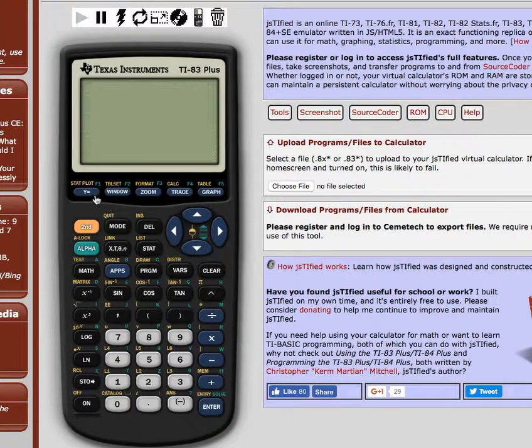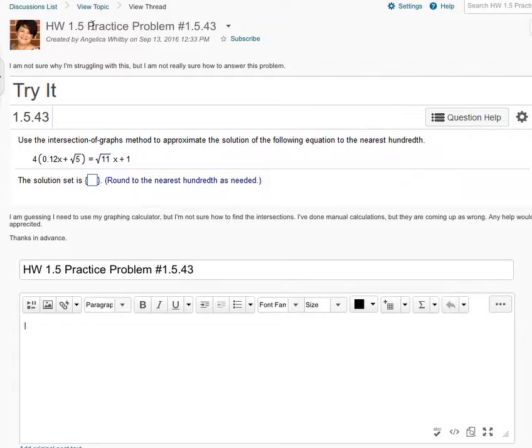So we have a TI-83. This is similar to what you would be using. Let me turn this thing on. Okay. And so let's say we plug in that first one, which was 4 times 0.12x plus root 5.